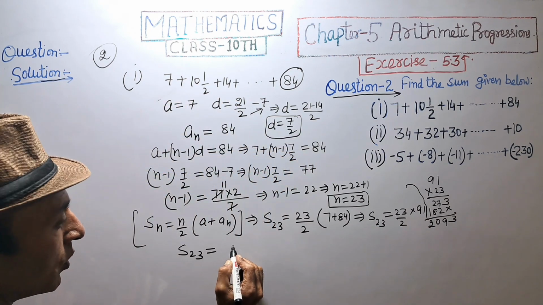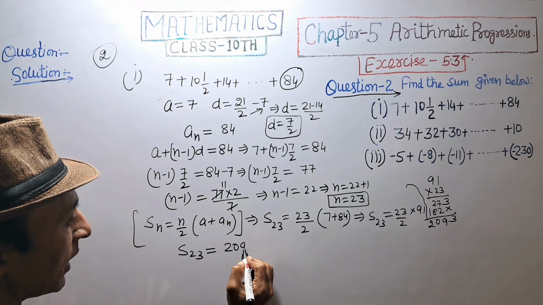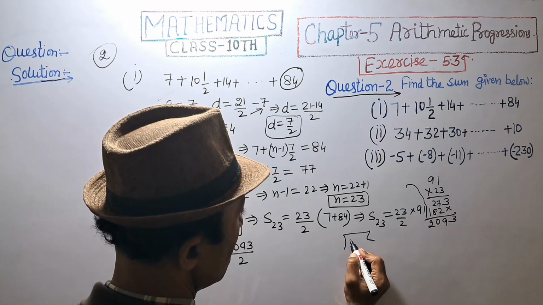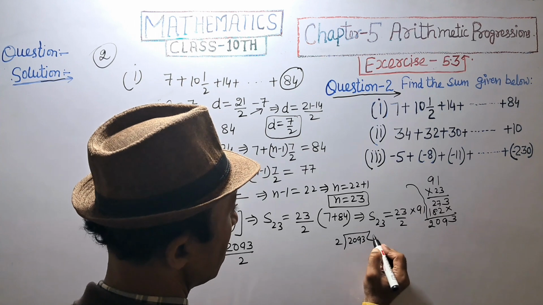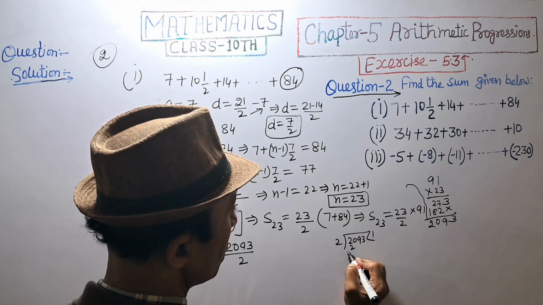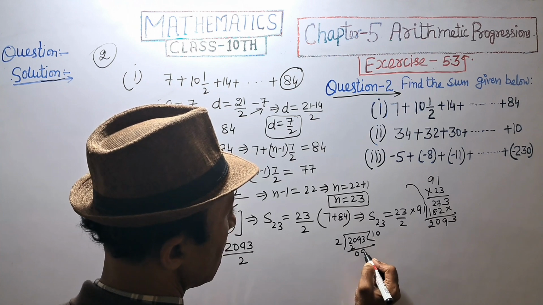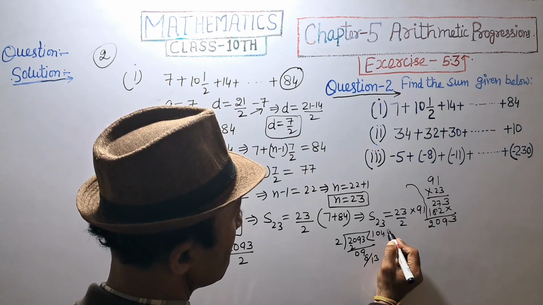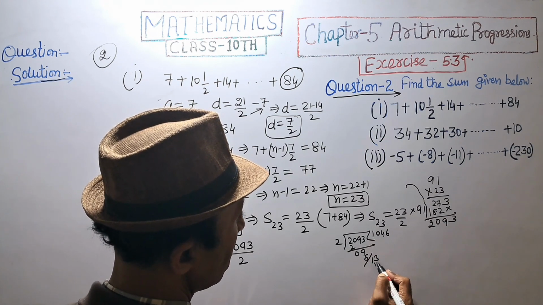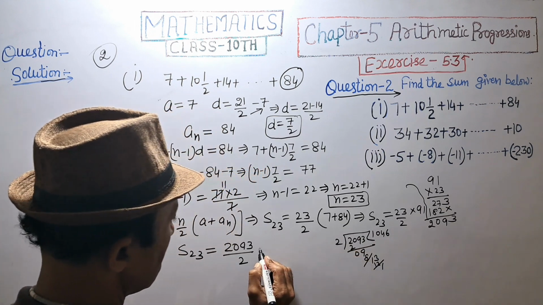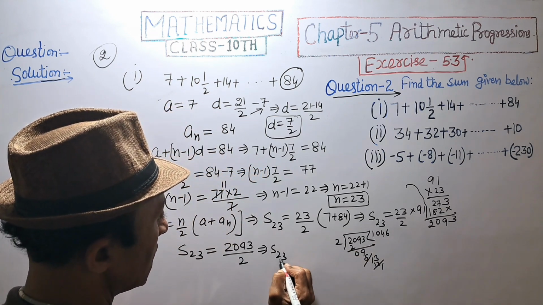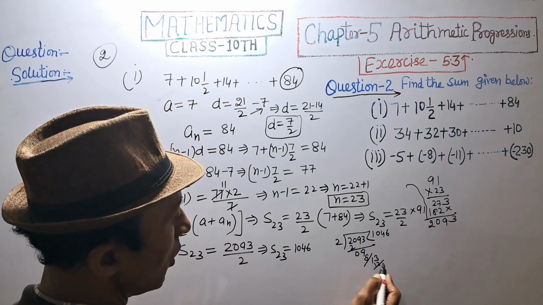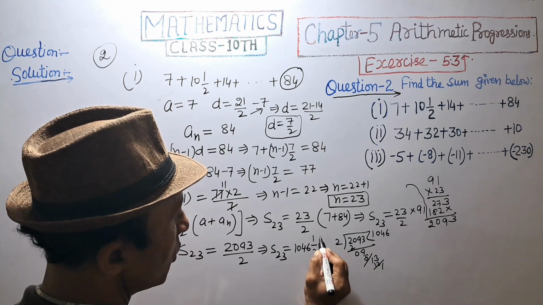S23 is equal to 2093 divided by 2. 2 into 1, 2, 0 and 9, 2 4s are 8, 1, 3, 2 6s are 12, 1. This implies S23 is equal to 1046 whole 1 upon 2.